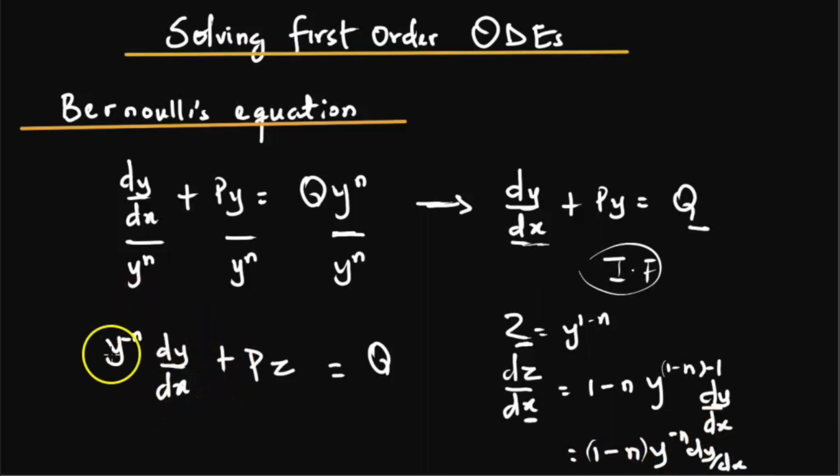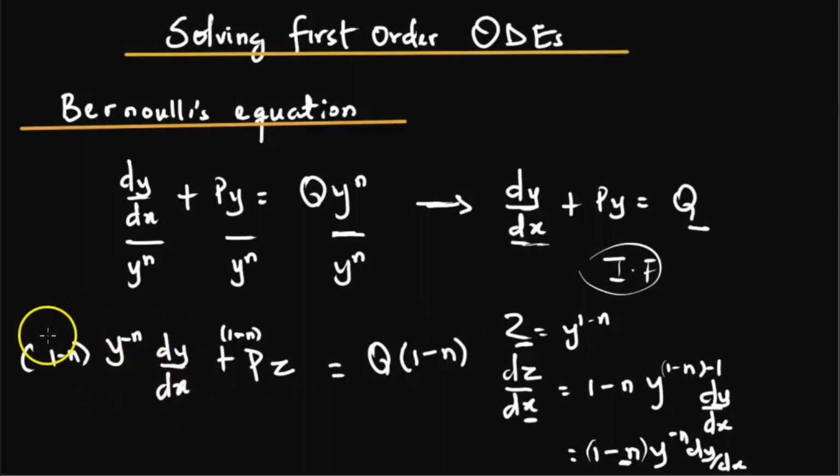So for me to replace this term with dz/dx, I must multiply it by (1 - n). So let me multiply each of the terms, left hand side and right hand side, by (1 - n). It will make more sense when we solve an example very soon.